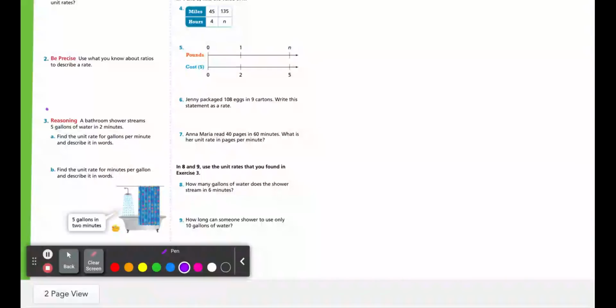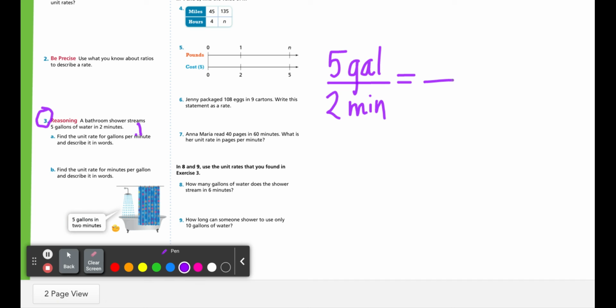Let's look at number 3 here. It says a bathroom shower streams 5 gallons of water in 2 minutes. So let's write that as a ratio. We would have 5 gallons in 2 minutes. So find the unit rate for gallons per minute and describe it in words. So we have to figure out how many gallons per 1 minute.